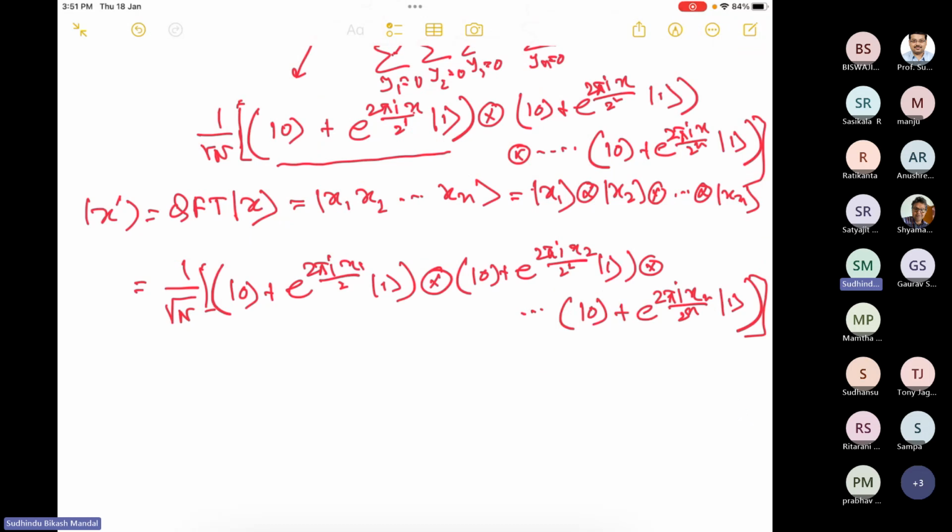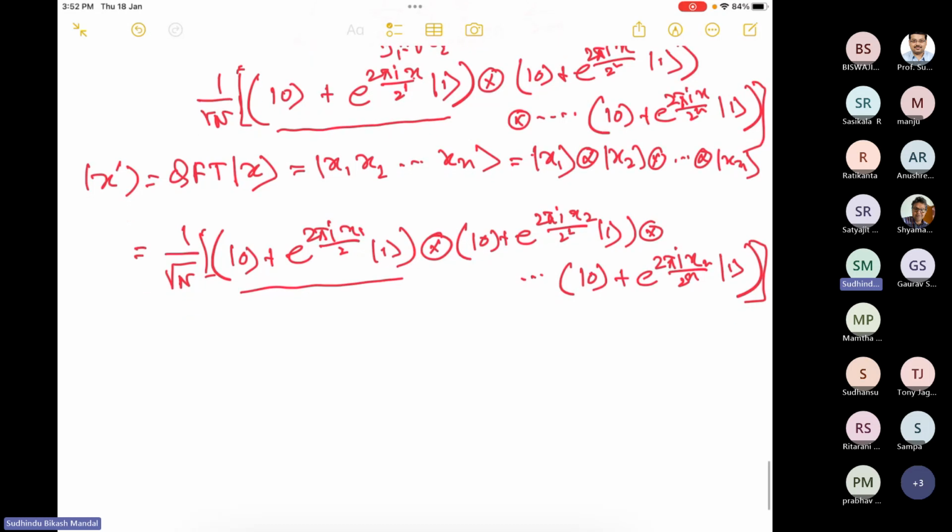So very easily the 1 qubit case is that if x1 is 0, then 0 plus 1, 1 by root 2, and if x1 is 1, then 0 minus 1. And the rest of the terms will not be there because it is the 1 qubit case. But from this, still we are able to design very efficiently the 1 qubit Fourier transformation.